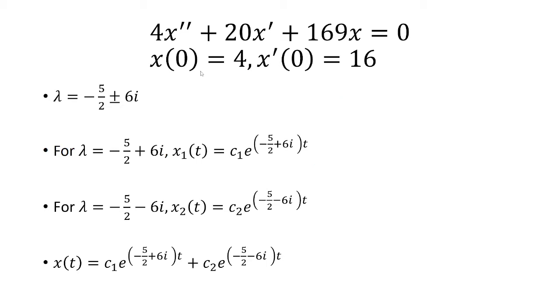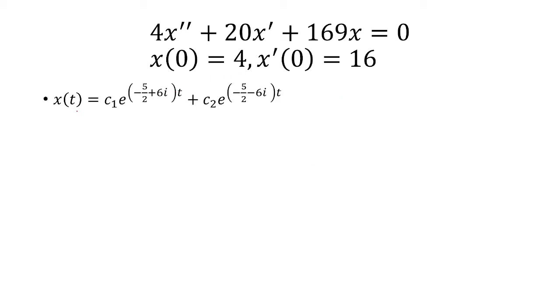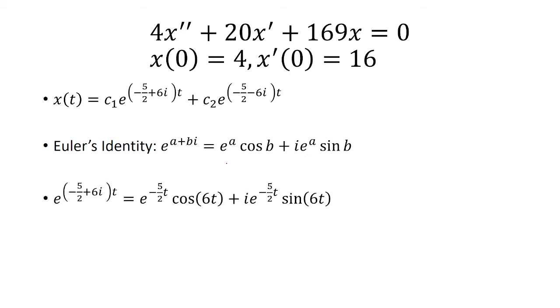Okay, now we want to use the initial conditions. So given our general solution here, plug in t equals 0. But before we do that, let's first use Euler's identity and rewrite this. So e to the a plus bi is just e to the a times cosine b plus i times e to the a sine b.